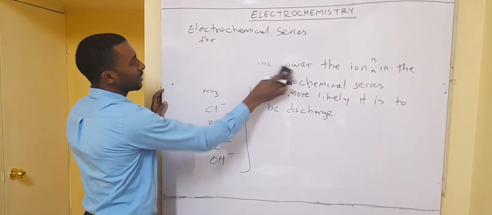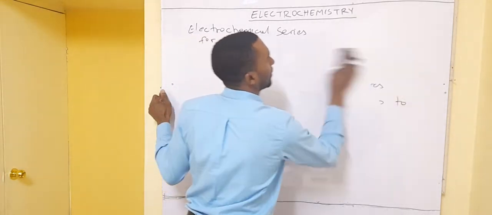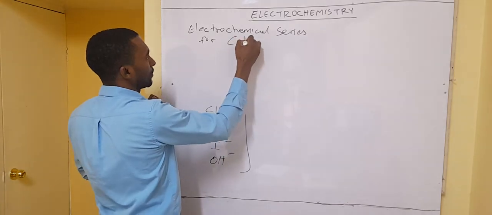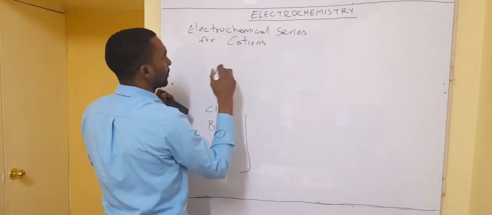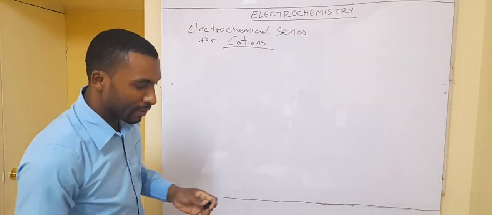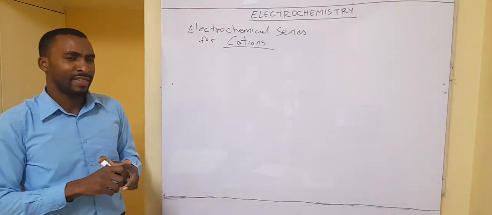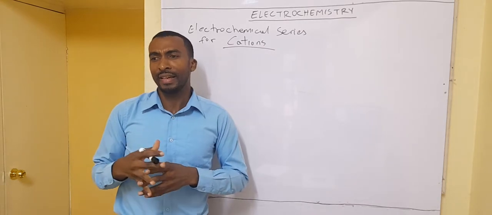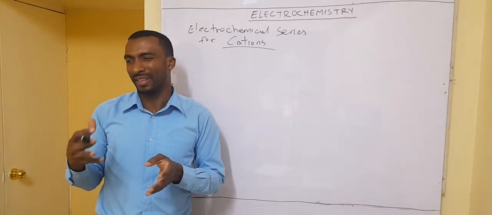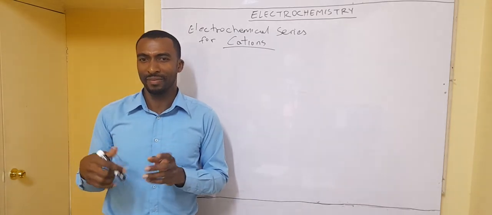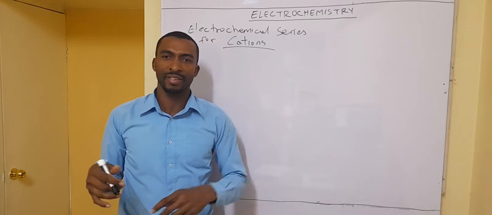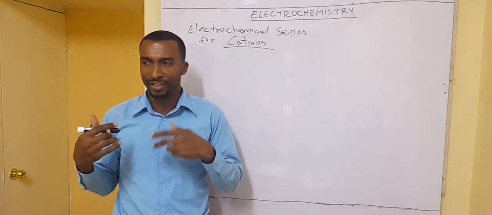So if we change here and put cations, the electrochemical series is very similar to the reactivity series in inorganic chemistry, except that a few of the metals might be flipped. Because for the reactivity series back in inorganic chemistry, it was group 1, then group 2, then group 3.